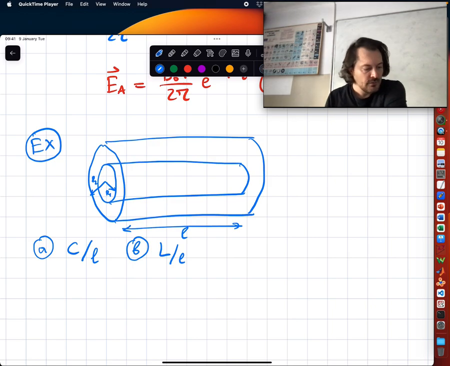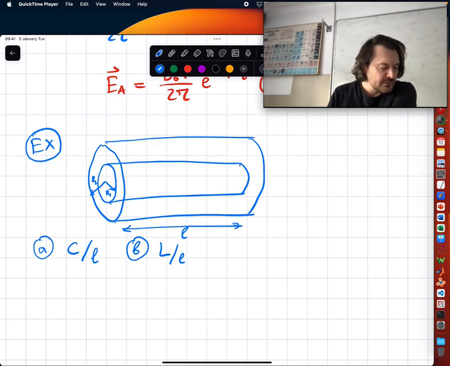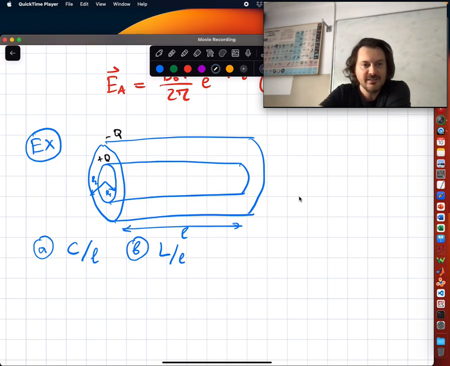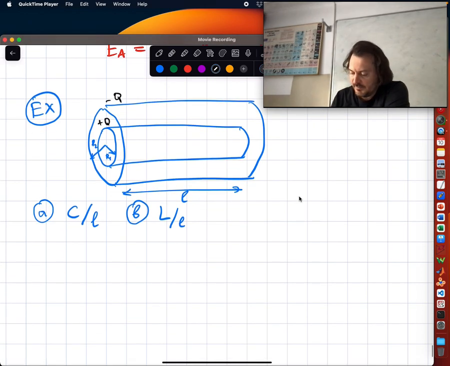Yes? So for the capacitance part, you basically give plus Q inside, minus Q outside, and find out the potential difference. Do you remember how to do that, or did you forget? Maybe you forgot. So let's do it.